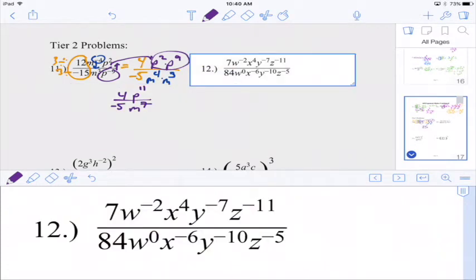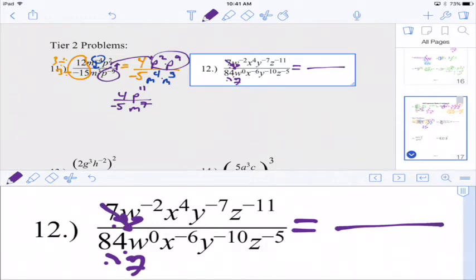7 over 84, I can divide both of these by 7, and 84 divided by 7. This gives me 1, so I don't need it, over 84 divided by 7 is 12. Now we'll move all the negative exponents. So w to the -2nd comes down as w squared.